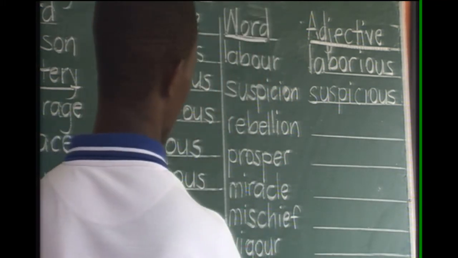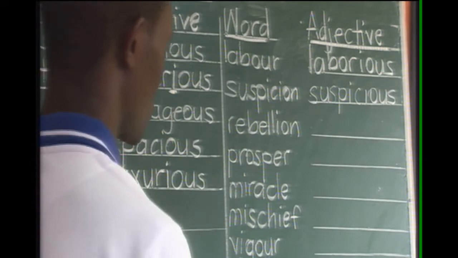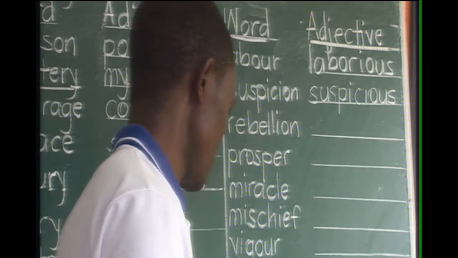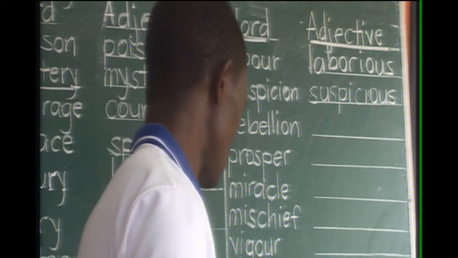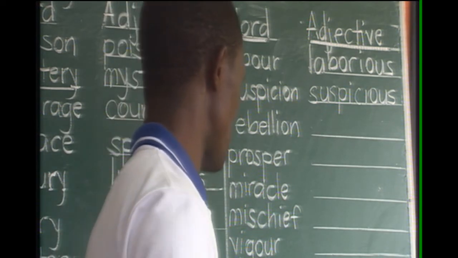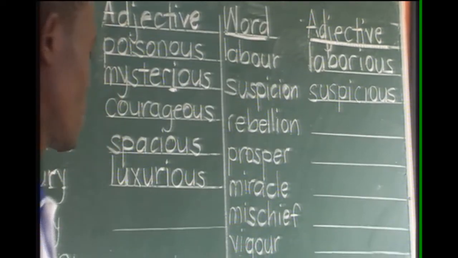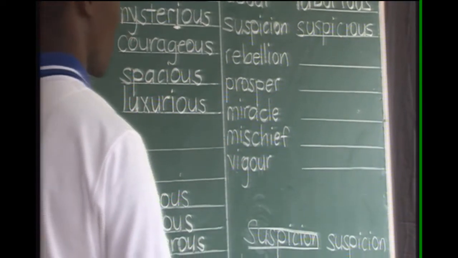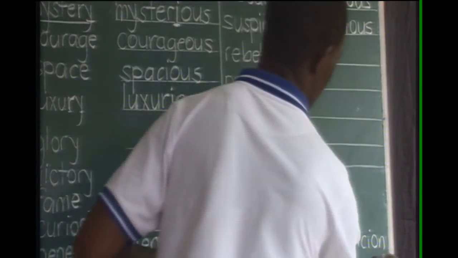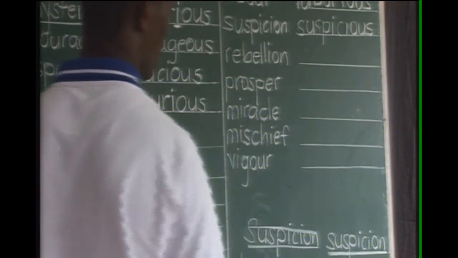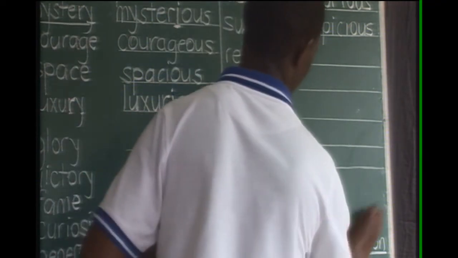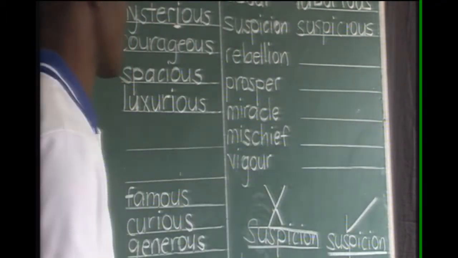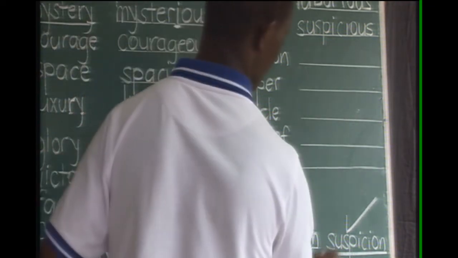If it goes beyond letter U, just know you have written a capital S. Sometimes I ask, is it someone's name? No. Is it a village? No. Is it a specific name of any animal? No. If it's not, then surely it's not a proper noun. It must be a common noun, suspicion. No need to capitalize S. Suspicion, correct, small s. Suspicion, wrong, with a capital S. Always take note of this.